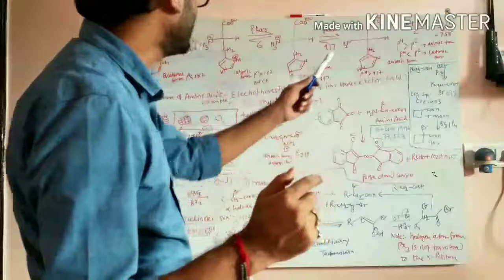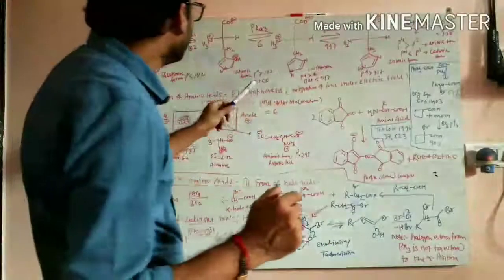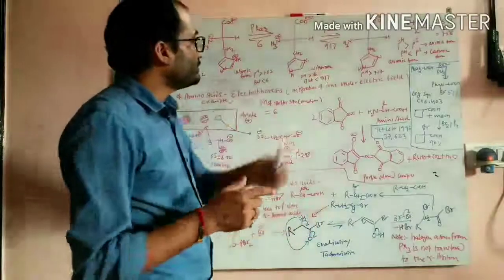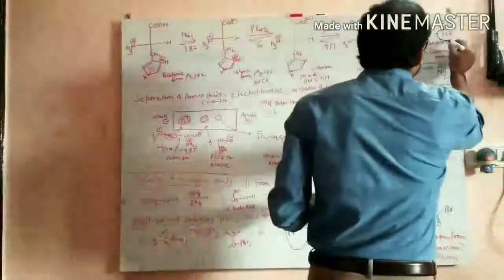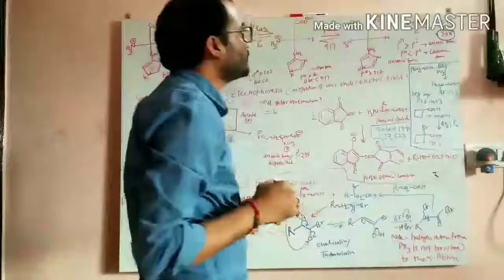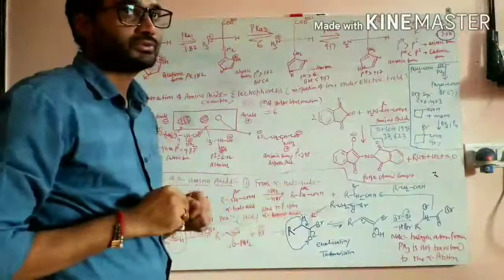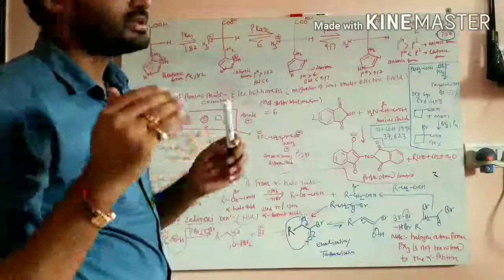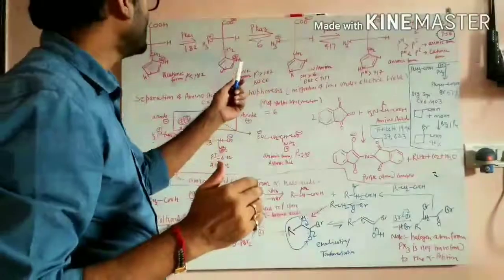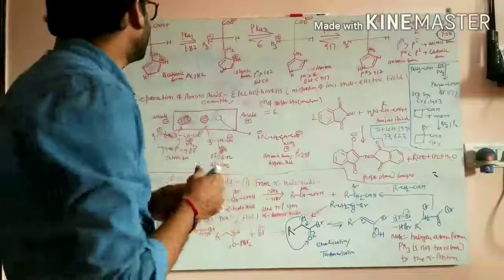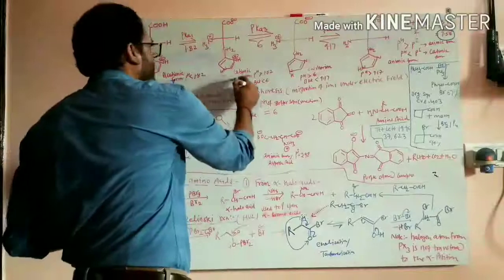Now apply that condition here. Here, we can see the pI of histidine is 7.56. So when the pH of the medium is less than 7.56, both these forms are cationic forms.